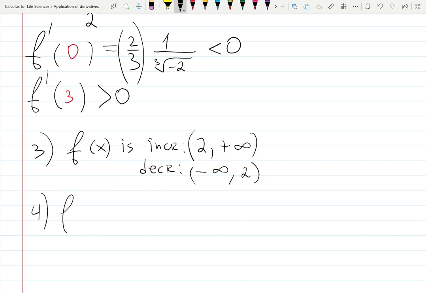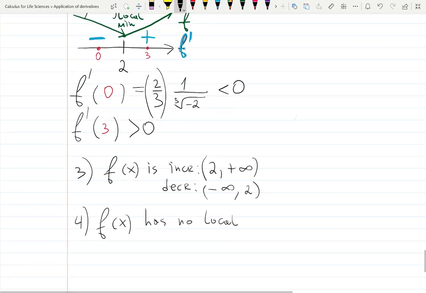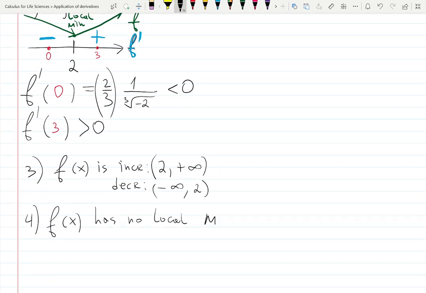The original function f of x has no local, which ones? Maximum or minimum? Look at the graph. No local maximum, nice. But it has a local minimum at x equals 2.